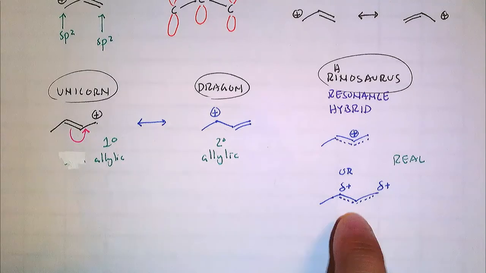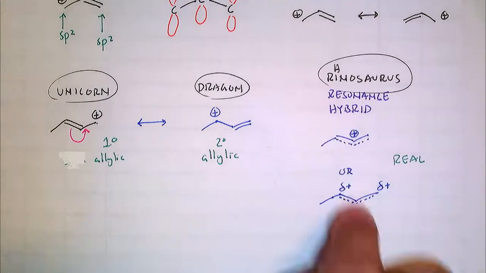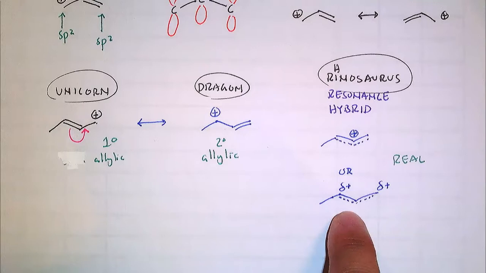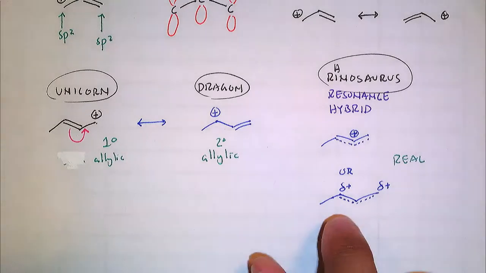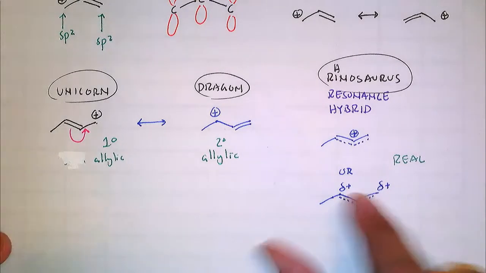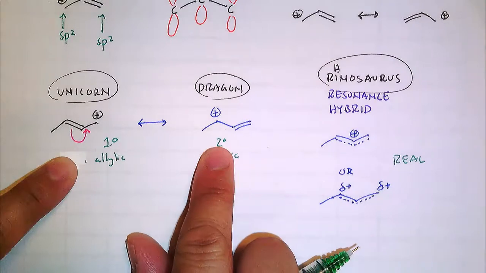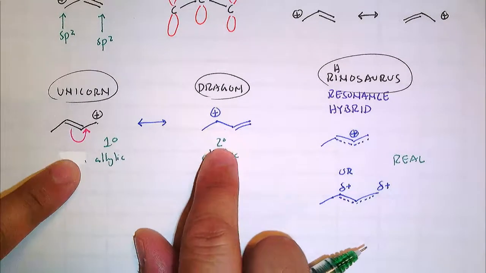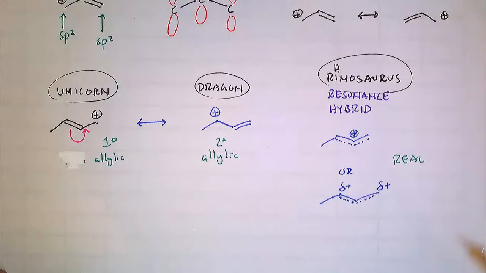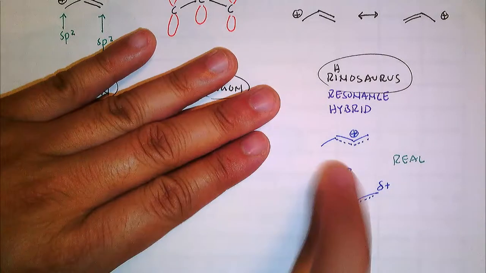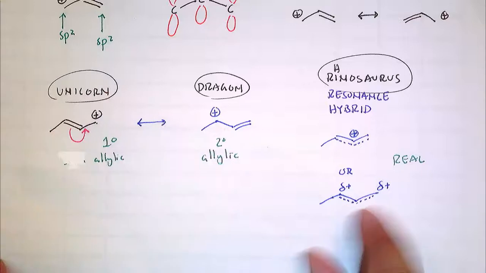So to have to draw all the hybrids with the proper dotted lines, it's a pain. Not only that, it's a pain to figure out where the plus charges are. I mean, you can by looking at the line structures of the 2 resonance structures, but if I'm just drawing an allylic carbocation, I have to figure out, well, where are those plus charges?